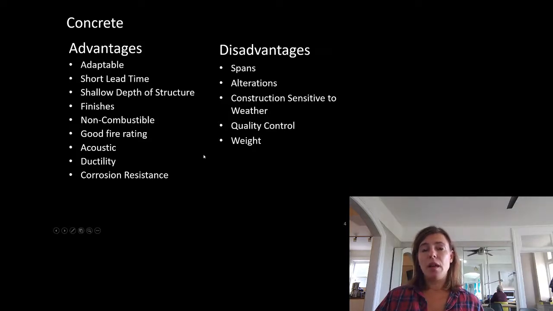Weight. Concrete's heavy, which sounds crazy because steel is heavier than concrete. But because we need so much concrete, because it's at every little incremental part of the structure, it adds up fast. And it's not as strong as steel, so we need more of it, which means that weight starts to really add up.